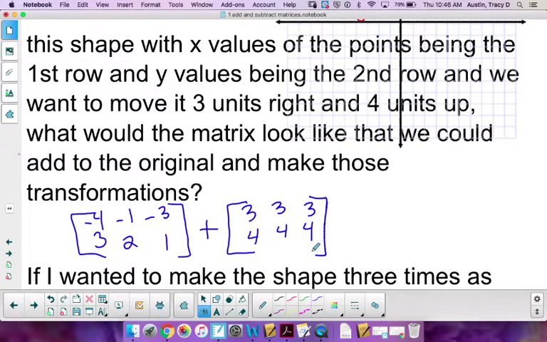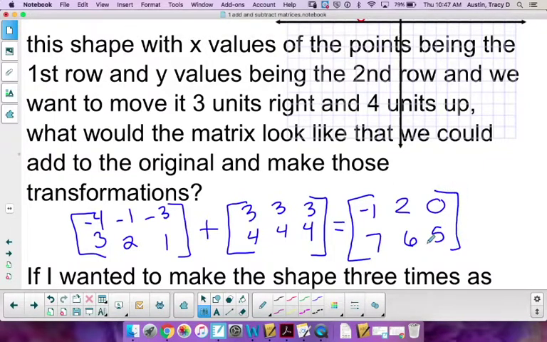So I would need to add these two matrices together, and here's the interesting part. The answer will actually give us the points where our new shape is going to be. So negative 4 plus 3, negative 1 plus 3, negative 3 plus 3, 3 plus 4, 2 plus 4, 1 plus 4. Right?